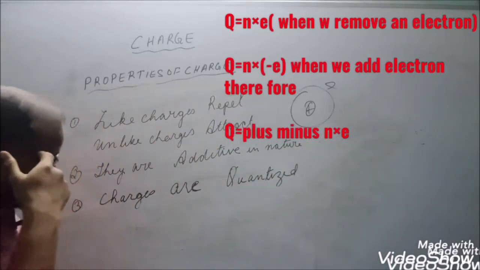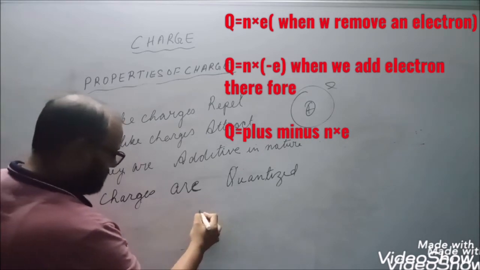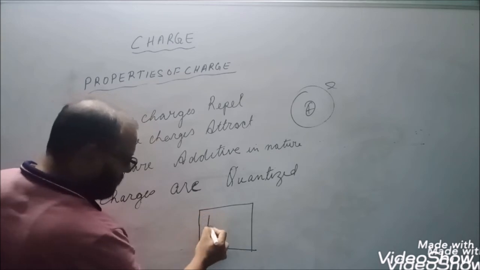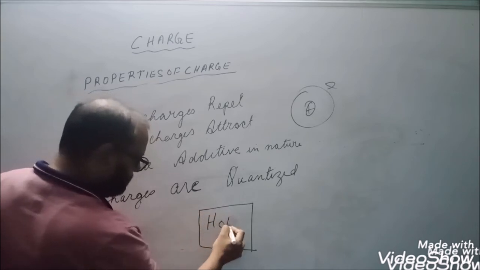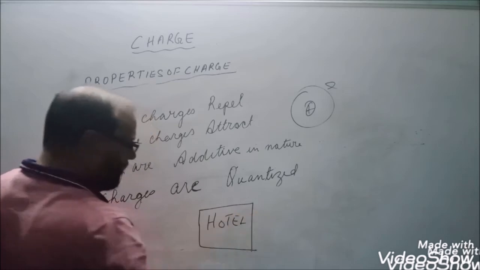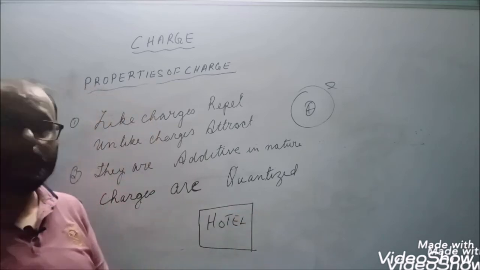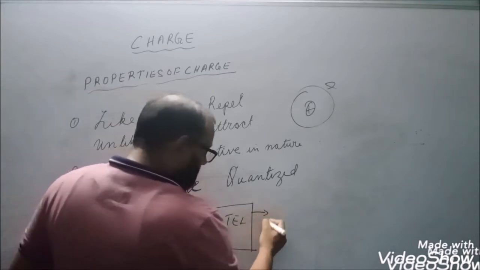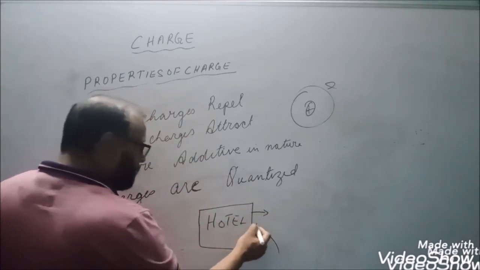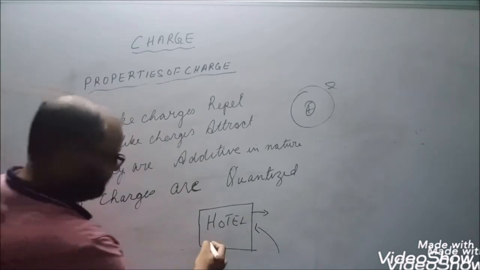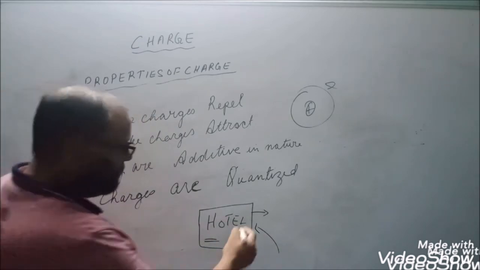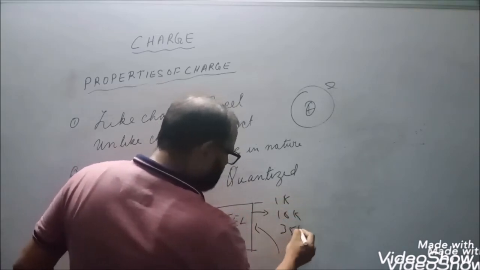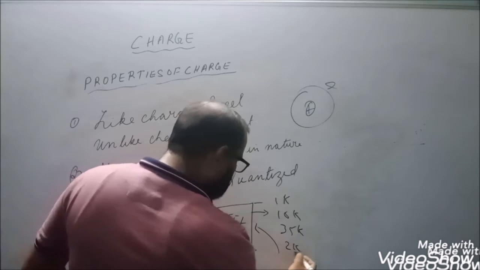Suppose we are having a function, and this particular hotel is very good at producing a variety of rasgulla, and people are crazy to get rasgullas from this hotel. People are buying 1 kg, somebody is buying 10 kg, somebody is buying 35 kg, some are buying 2 kg.